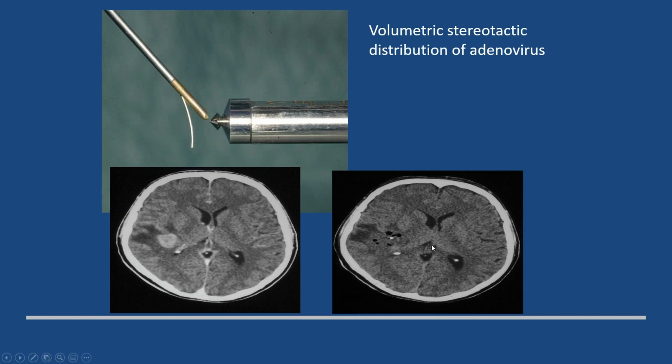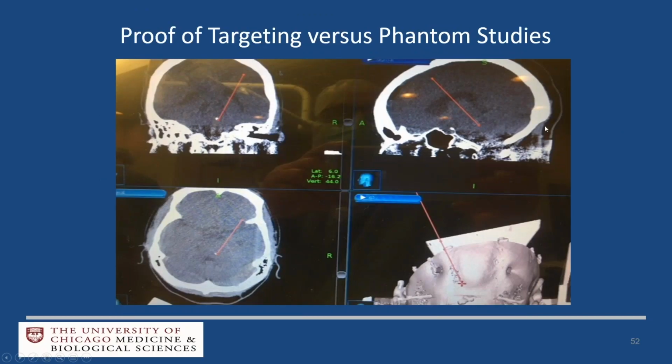This is the biopsy trajectory. And the different little air deposits. This is in the periphery where we spherically deposited the adenoviral vector for the gene therapy. So this is a beautiful way to document the volumetric deposition of your compound or drug.